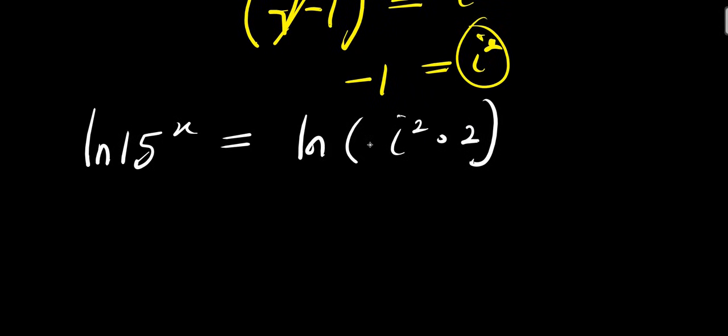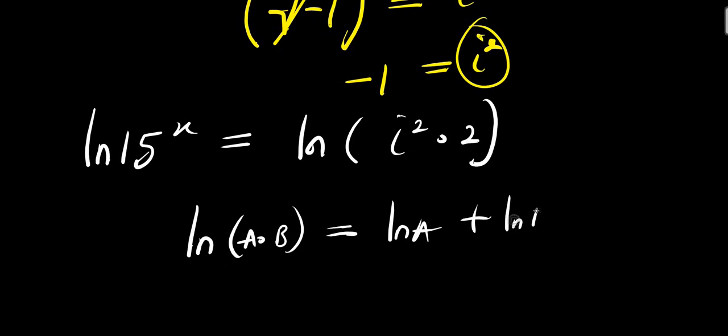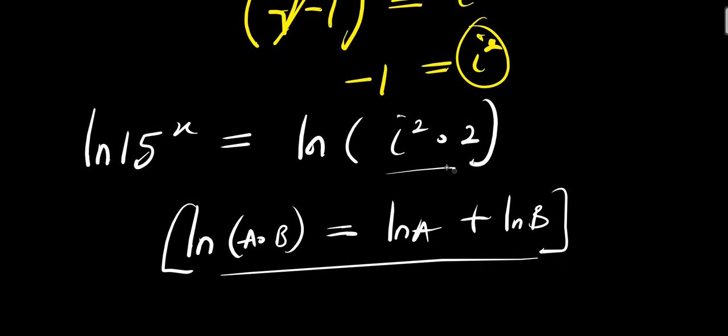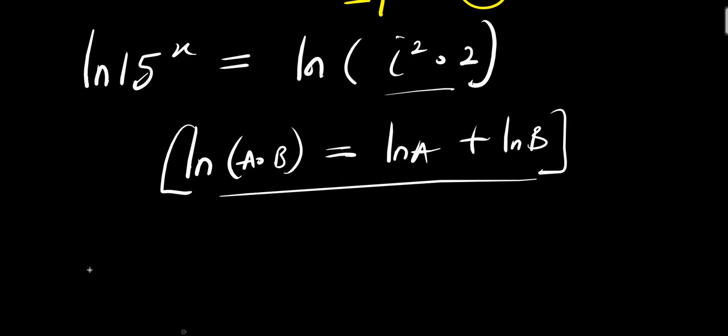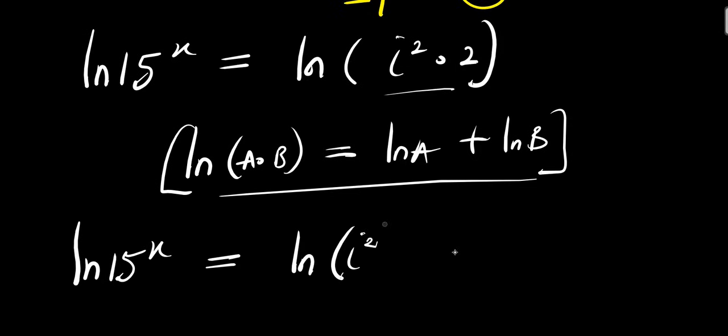So also, if you have natural log a times b, this equals natural log a plus natural log b. Applying that here, we have natural log 15 power x equals natural log i power 2 plus natural log 2.